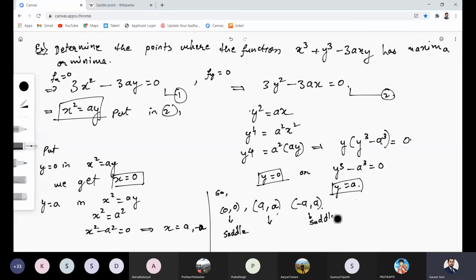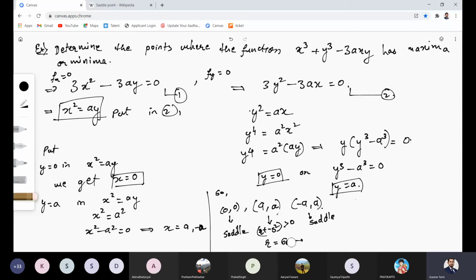The third one is saddle. But look here, at a comma a, rt minus s square is of course greater than 0. Okay. But what is the value of r that you get there? The value of r is 6a. It means that your solution depends on the value of a. If a becomes greater than 0, then it is minima. If a becomes less than 0, then it is maxima.